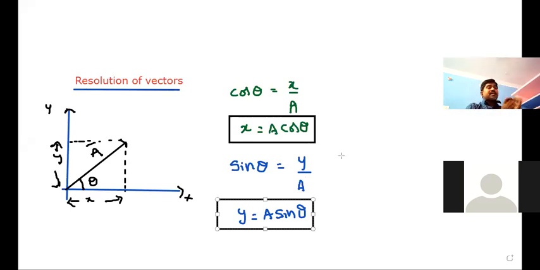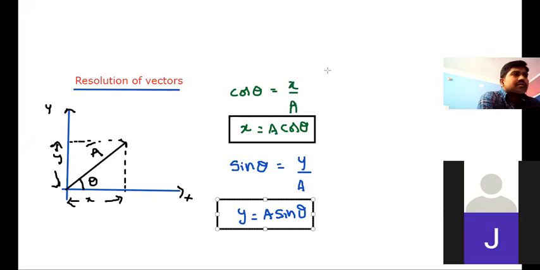If you know the x and y components, how can you write the vector? By adding, but along with directions. You have to write the directions here. So what will you write for the whole vector?